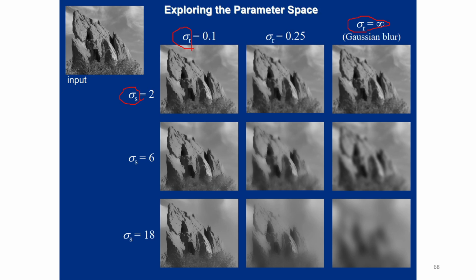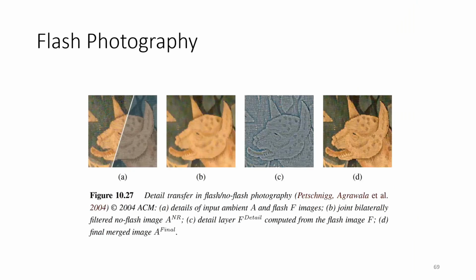Okay, here the author mentioned why we need to use the bilateral filter. Here is an example. Okay, this is a problem of flash photography. Say we have a digital camera, and there is a flashlight on the digital camera or your cell phone. On your cell phone, the flashlight is very weak, right?